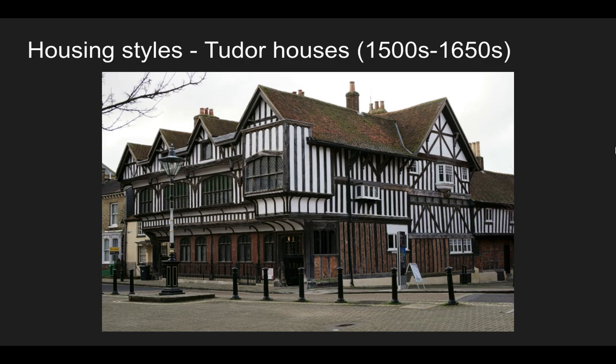There are not many left. It's very rare to find a house like this. But in London, for example, you can still find some Tudor houses, and in other parts of the country. So this black and white style is a Tudor style, very old.